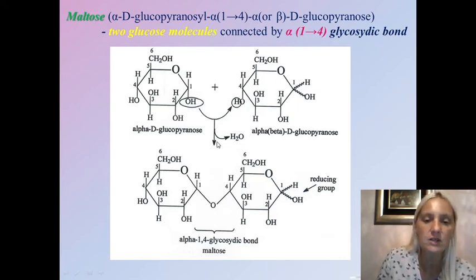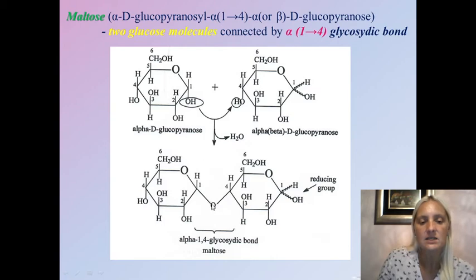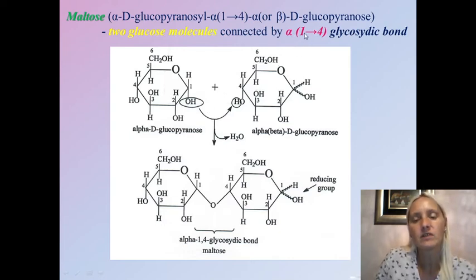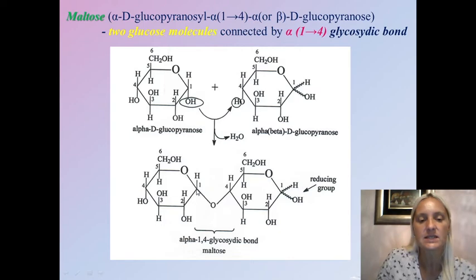The molecule of water is released, and this unique oxygen bridge is nothing else but the O-glycosidic bond, and due to the components involved in the formation of this bond, we can say it's an alpha-1,4 glycosidic bond.